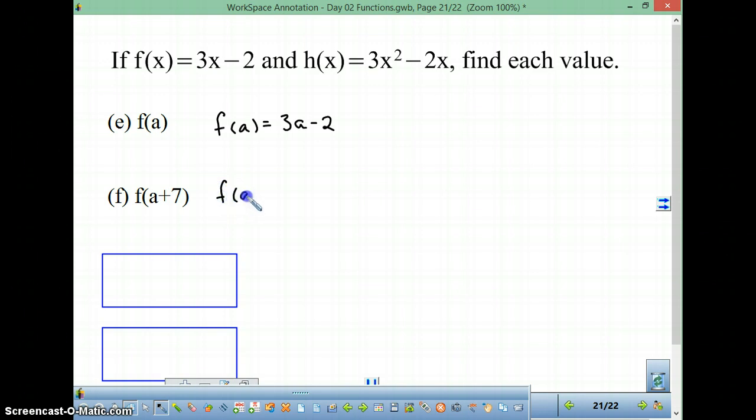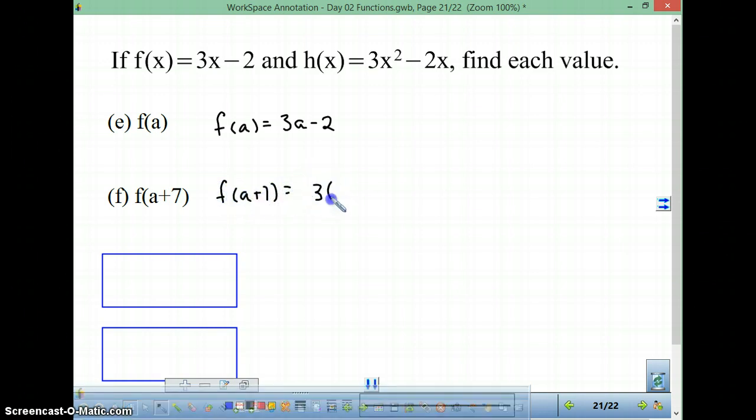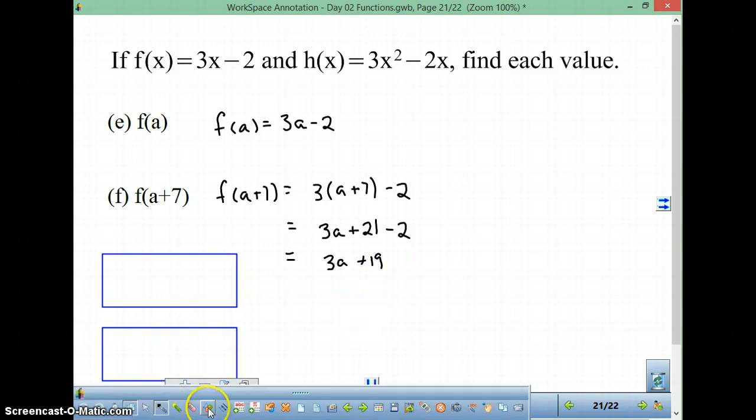Okay, F of A plus 7 is going to be 3 times A plus 7 minus 2. Well, how do we simplify this? You're going to have to distribute that 3. So this is equal to 3A plus 21 minus 2, which is equal to 3A plus 19. Done. Should we try a little bit harder? Last one.